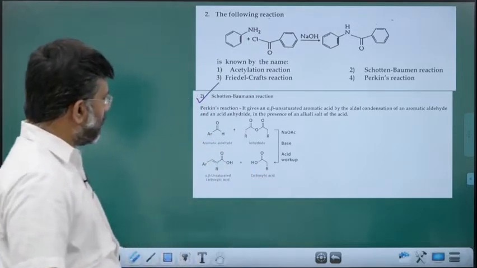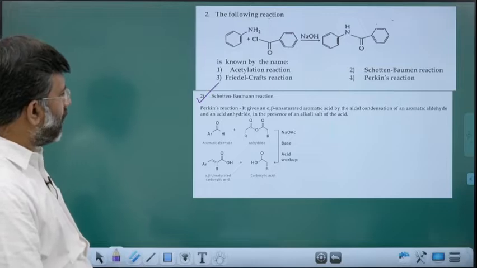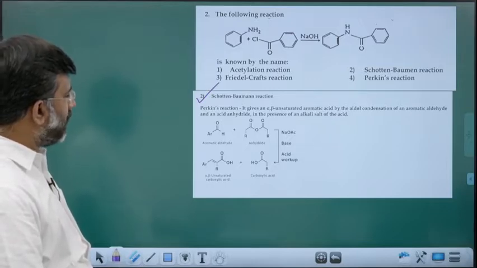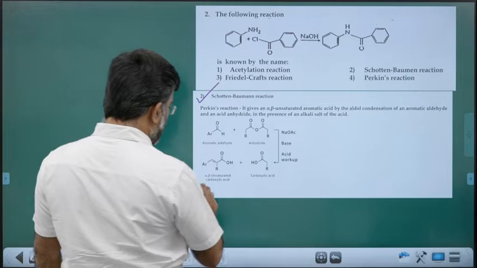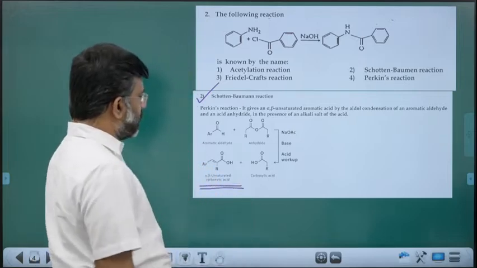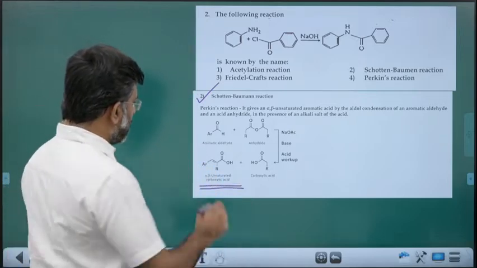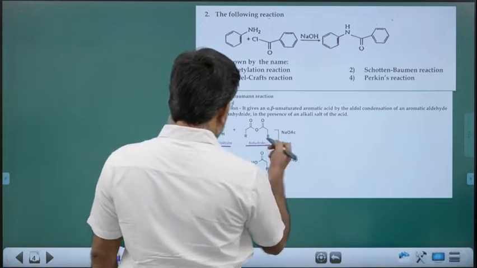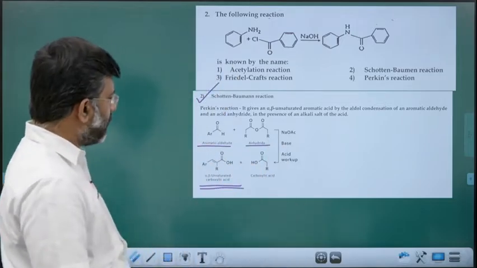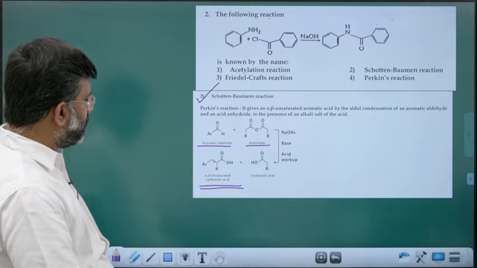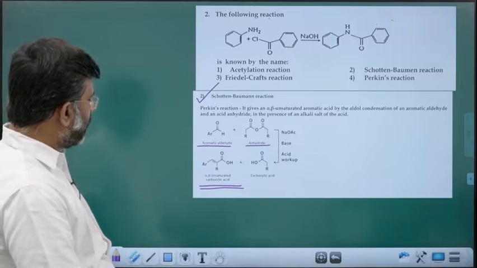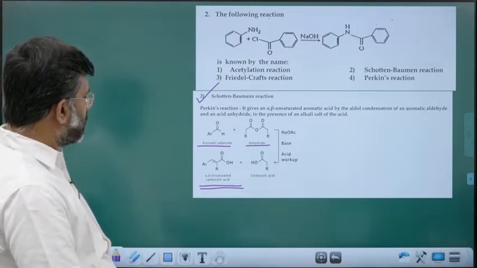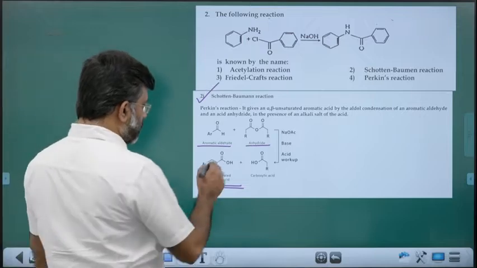What is Perkin reaction? Product obtained is alpha beta unsaturated aromatic acid. You are getting alpha beta unsaturated aromatic acid by reacting an aromatic aldehyde with an acid anhydride, either in alkali medium or acid medium. This is the functional group.